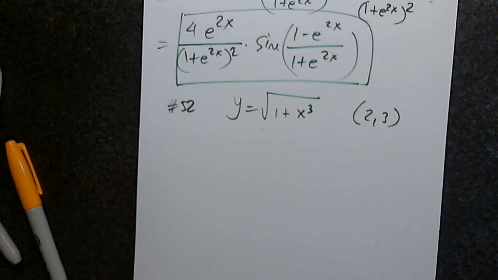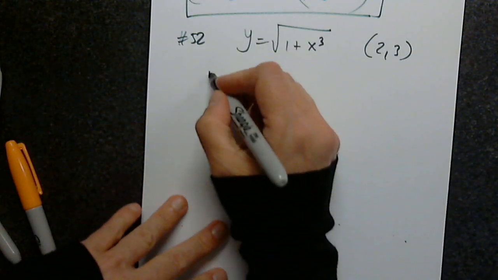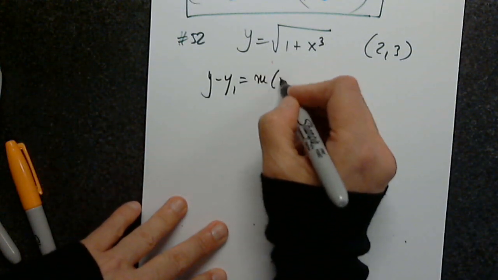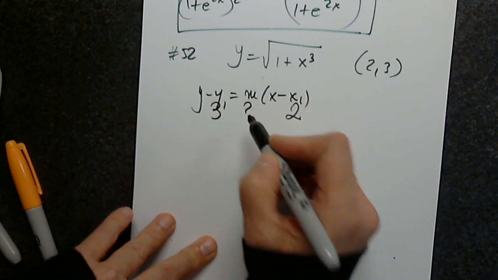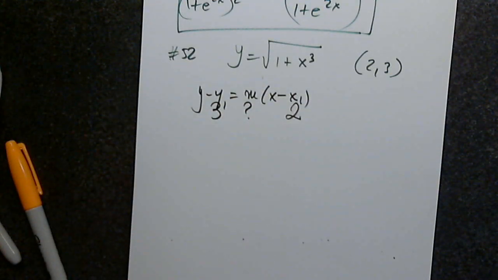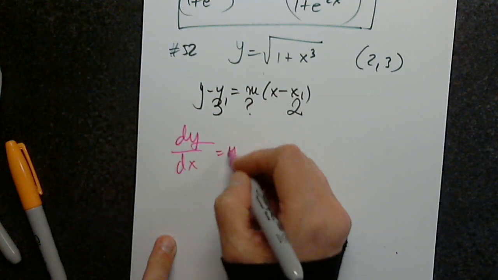Ready? Okay, so I know y minus y1 equals the slope times x minus x1. I know I have 2 and I have 3, but I don't have the slope. But that's not a big deal, because I will do what? Find? Yes, find dy over dx, or y prime.